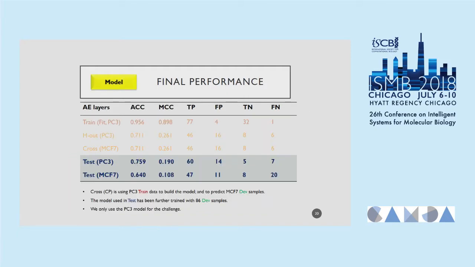Okay, so finally, I submitted this model to Strata and got the result back. So here we find our model. As I said, I only use the PC3 model to predict both the PC3 and MCF7 datasets because I believe my model can do some cross-platform predictions. So here you can see the MCC. It is better for the PC3 test set, but not that good for the MCF7 dataset.